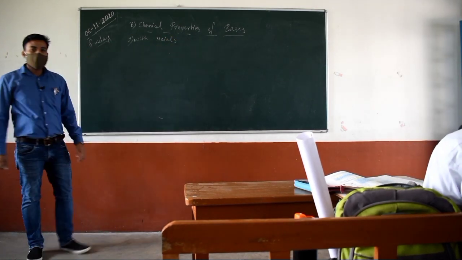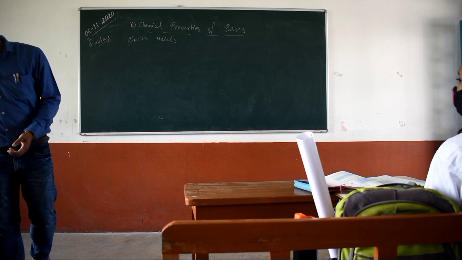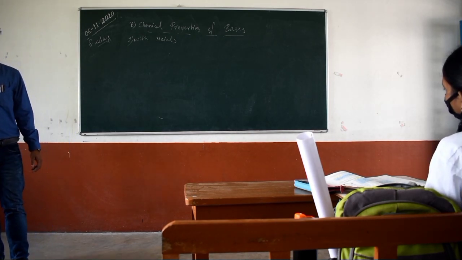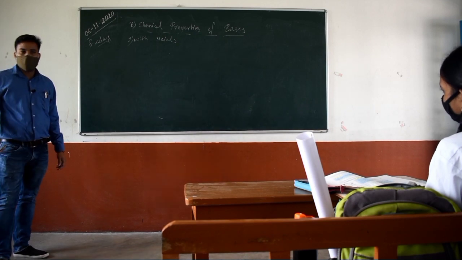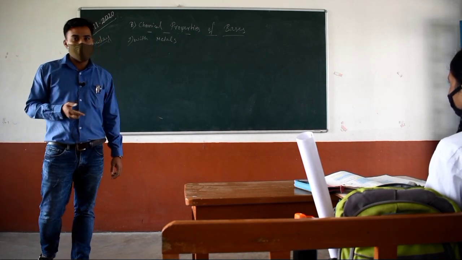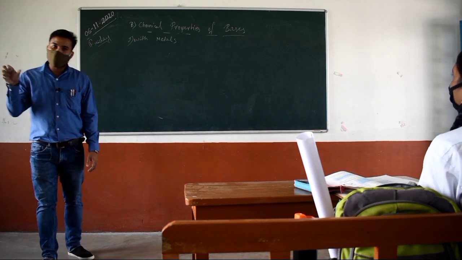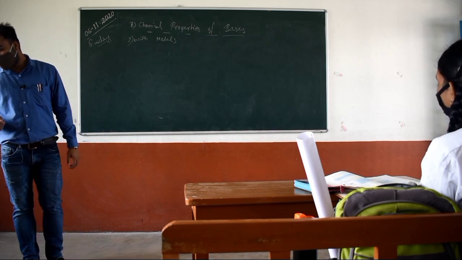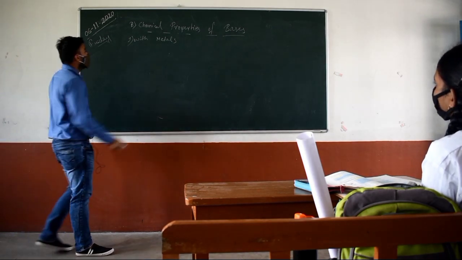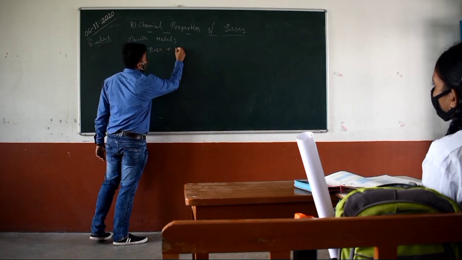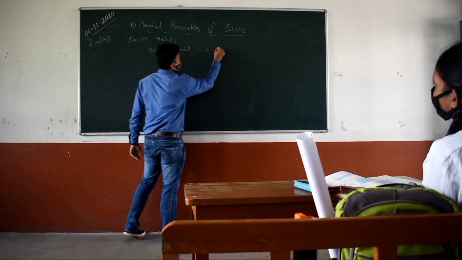Okay. So here also you have the general equation which is base plus metal gives salt and hydrogen gas. Is it same like that one? In acid also it was the same, salt and hydrogen gas was released. Here also same thing. So the general reaction is base plus metal gives salt and H2.